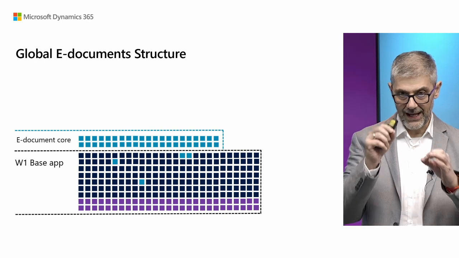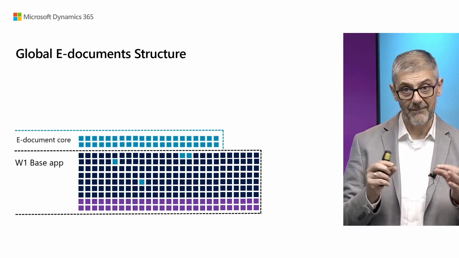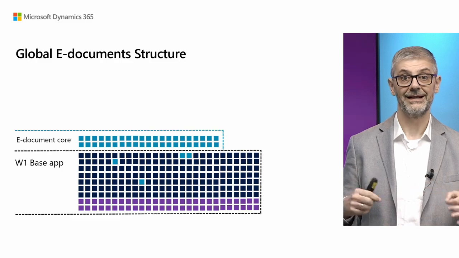But as you can see in light blue in the base app, some parts of e-documents are still there, because we didn't want to make breaking changes for existing electronic document solutions, because we have many partner-based localizations in some non-Microsoft supported countries that have already introduced invoicing. So we adapted only what was necessary in the base app, but our main focus was on the e-document core app.